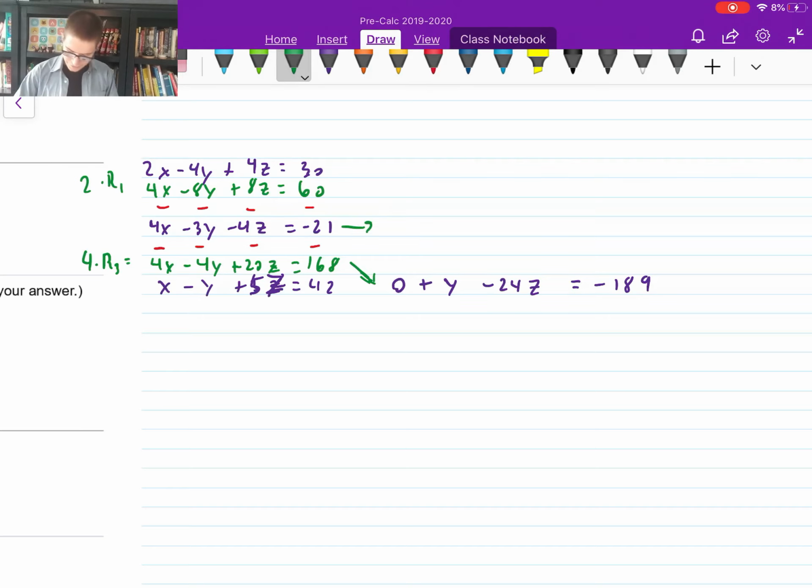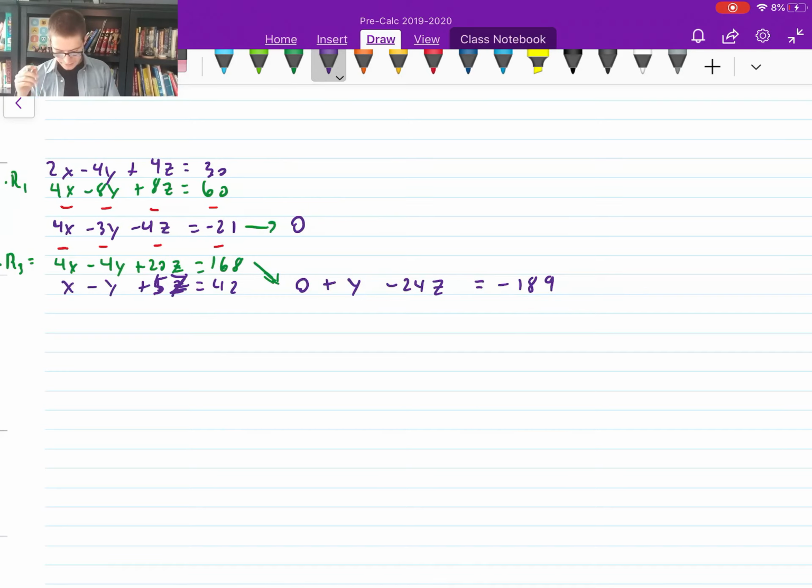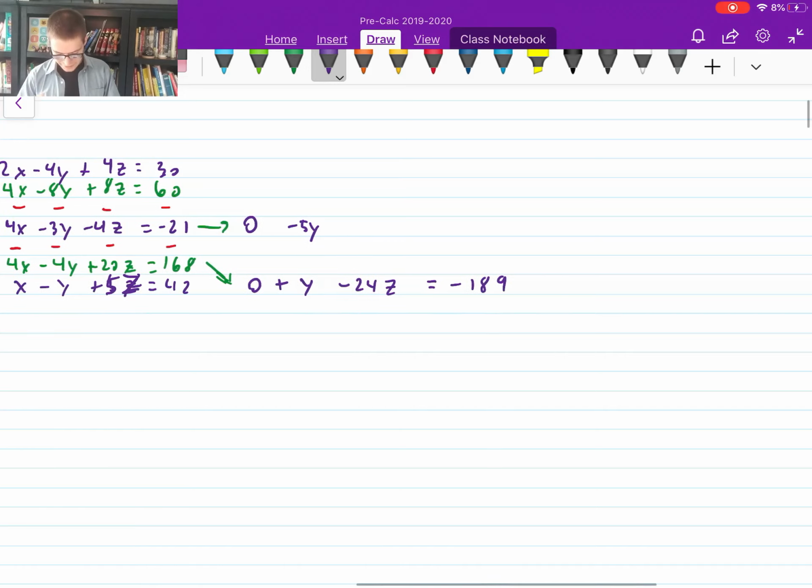So 4x minus 4x is 0. Then negative 8y minus a negative 3y would be negative 8y plus 3y, which is negative 5y. And 8z minus a negative 4z would be plus 4z, so it would be plus 12z. And that equals 60 minus a negative 21, which would be 81.